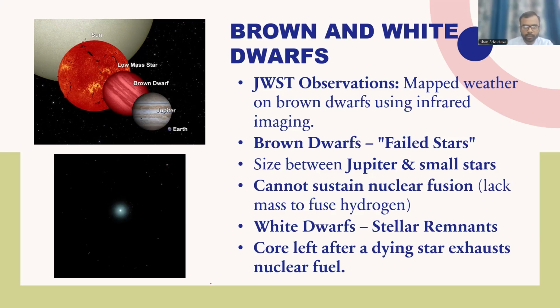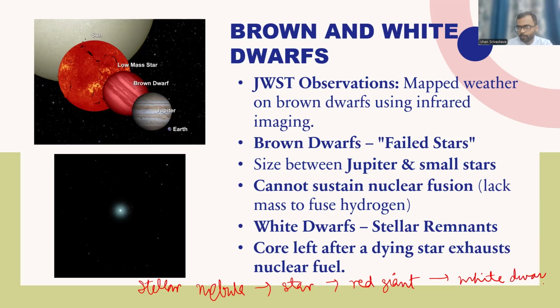The star starts from a stellar nebula, from which a star will develop. Then it will grow, and it will become a red giant, and then it will have a massive explosion, and there'll be a remnant, a small part which will be left, that will be called a white dwarf.